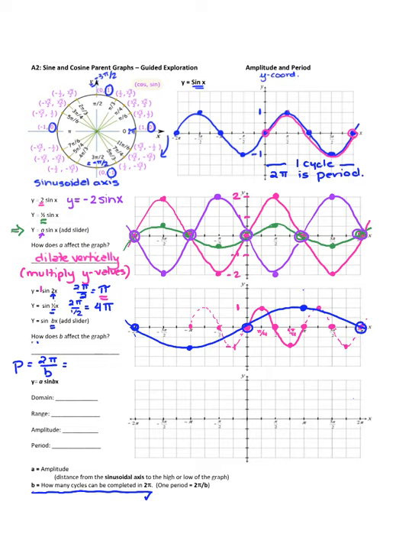Right now I'm going to call B the number of cycles in 2 pi. So that number tells you whether you can do 2 cycles in 2 pi, or half of a cycle in 2 pi, and you figure it out with the period, your new period, which equals 2 pi divided by B. That tells you the distance it'll take to complete one cycle.